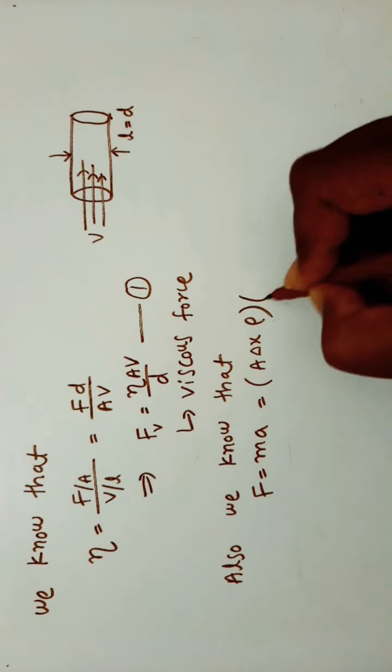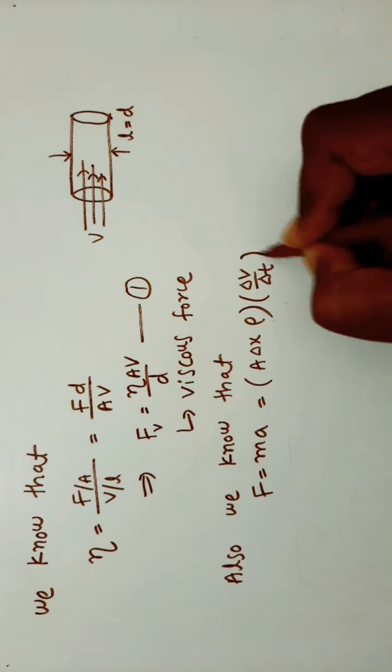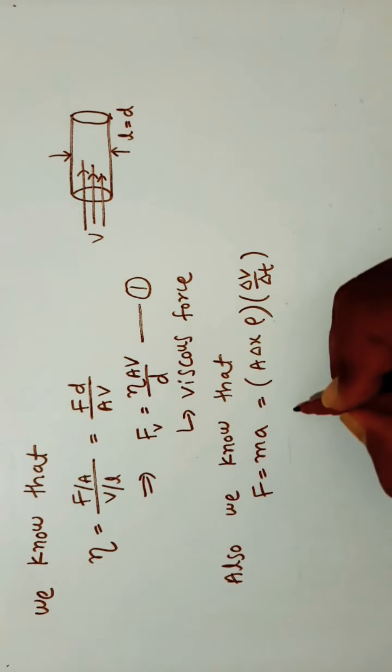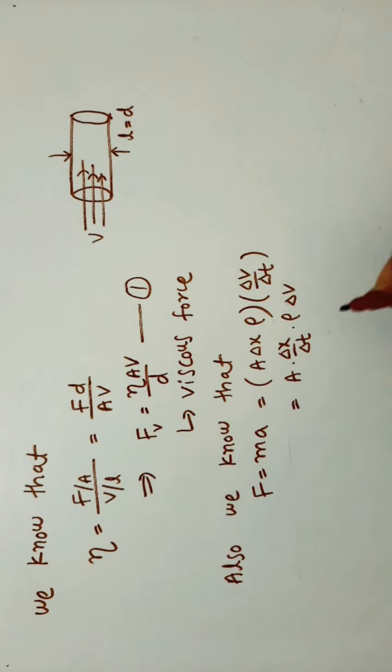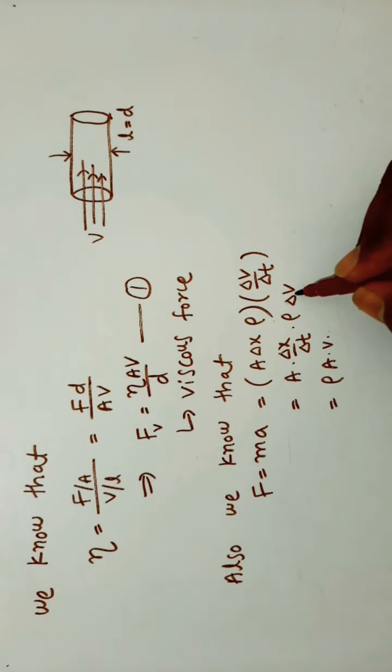Here acceleration is del V by del T. So we can write A into del X by del T into rho del V. Here del X by del T is velocity, so A into V. Here del V is change in velocity, final velocity minus initial velocity, that is V minus 0.